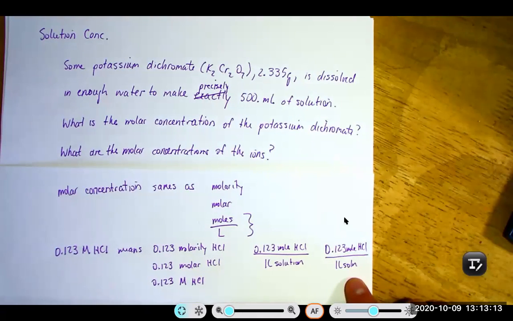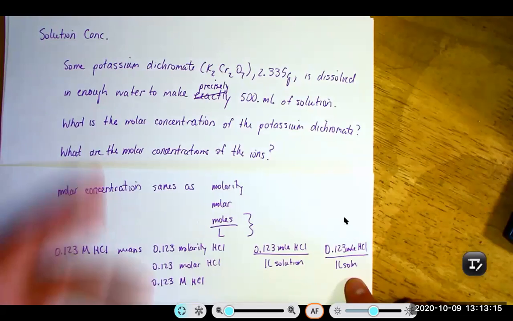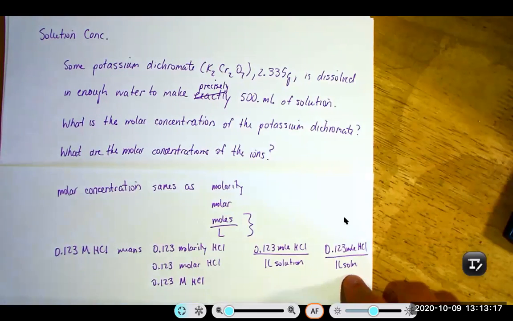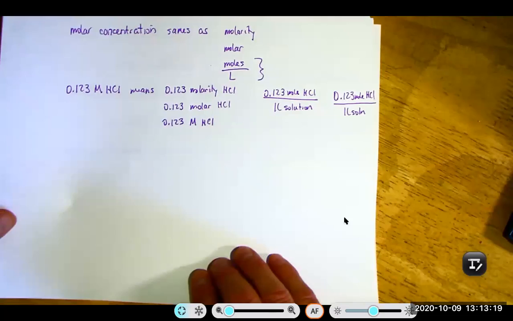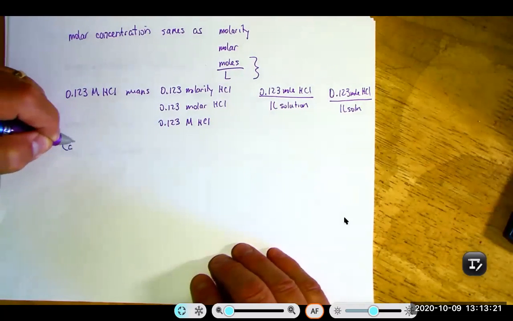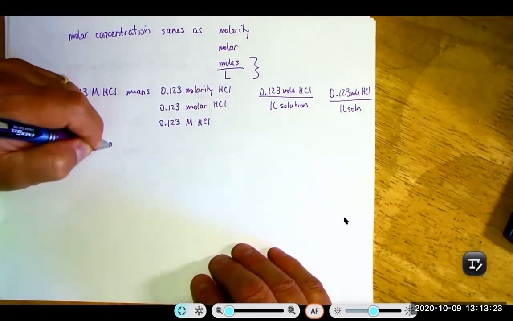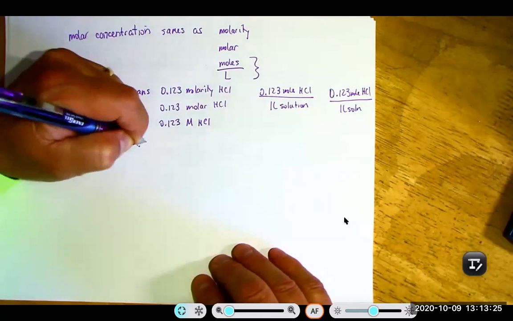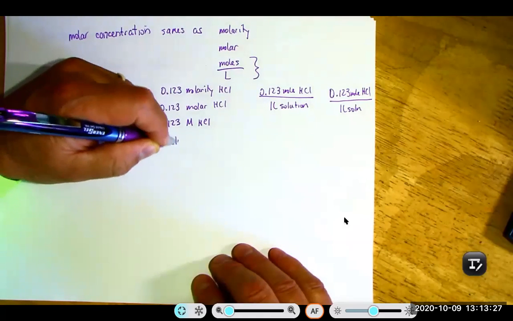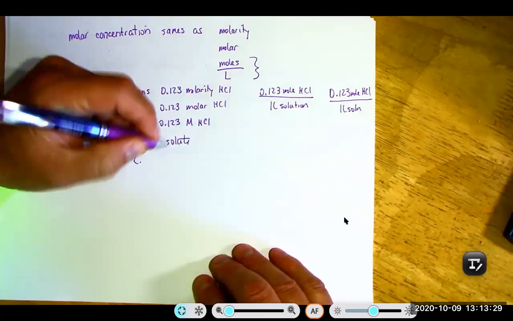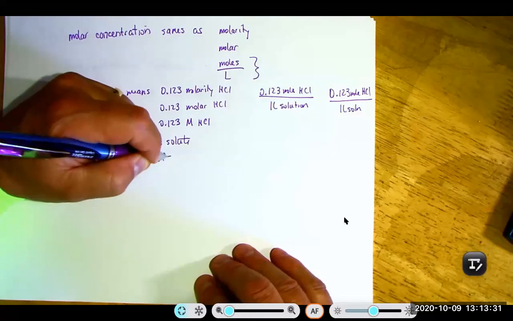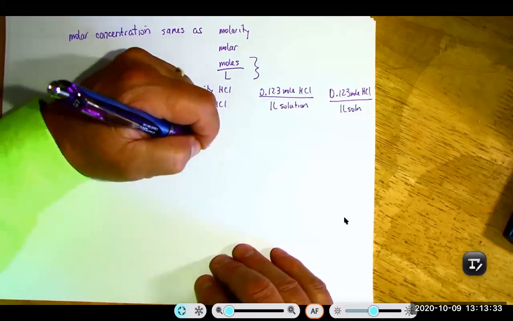Okay? So how do you calculate the molar concentration? To calculate the molar concentration, you need 1, the moles of solute, 2, liters of solution, and then you divide.